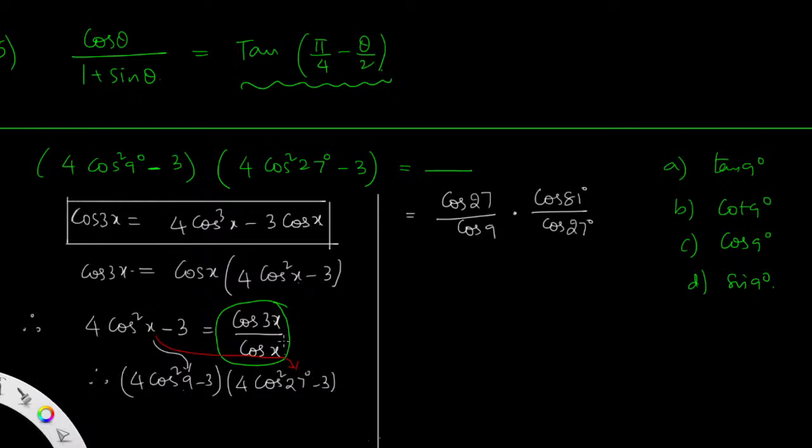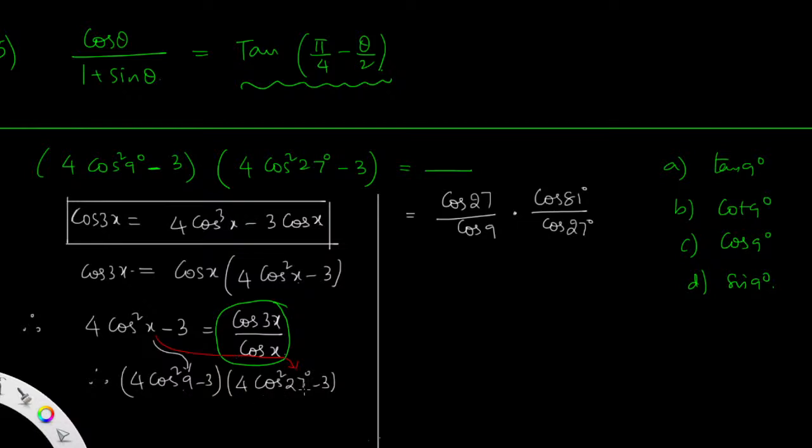Now substitute in the above formula cos 3x by cos x, with x equal to 9 and another time x equal to 27.